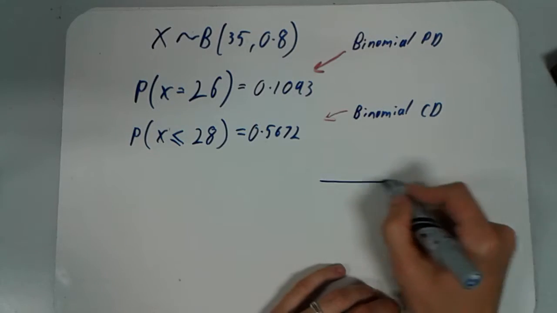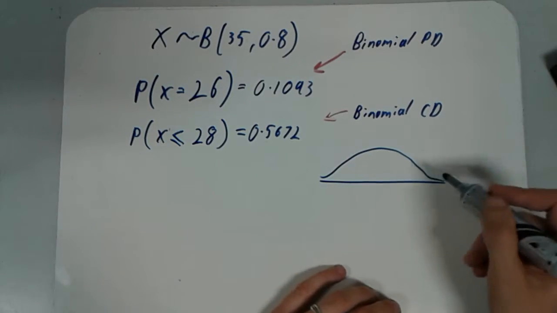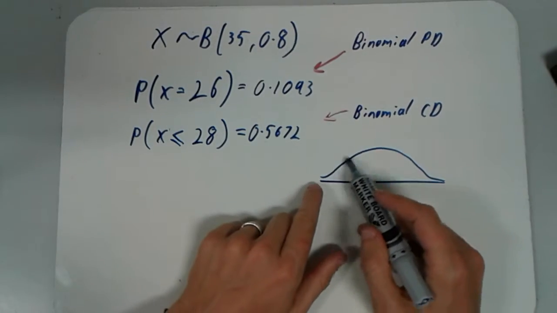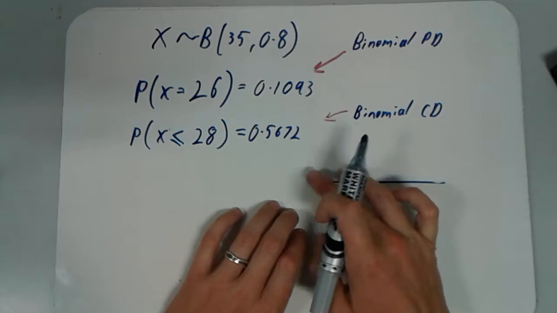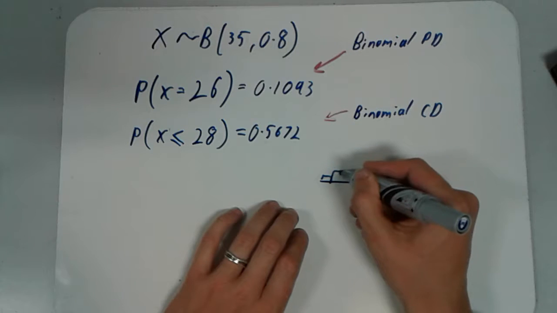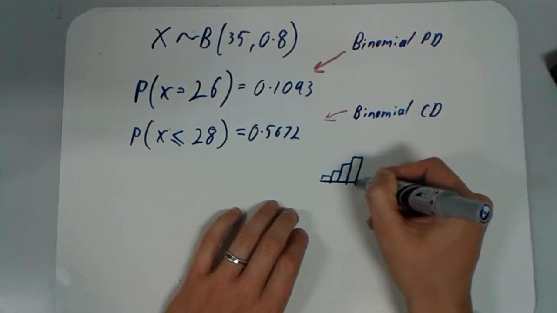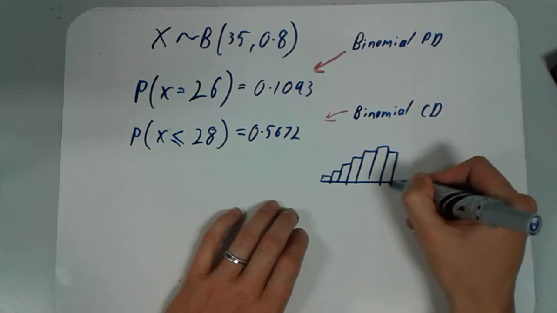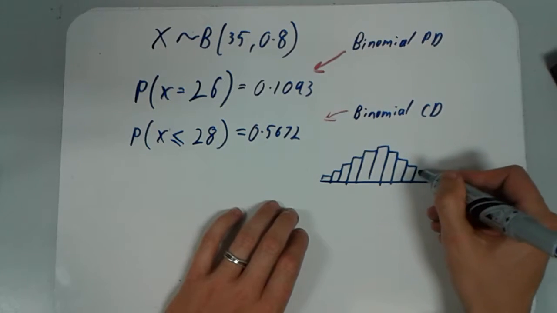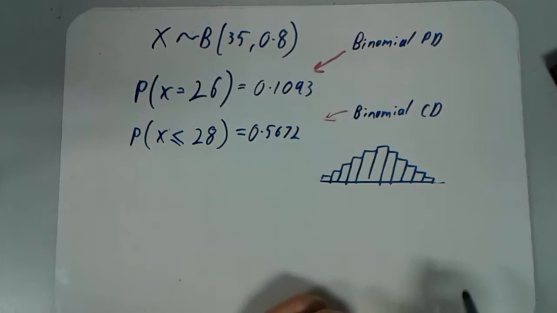It's always worth just having a little bit of understanding of what it should look like. So I've drawn a continuous version here. If you use the GeoGebra file, you'll see that it should be nice, even blocks, like this. Sometimes though, just for speed, it's quicker to draw something continuous, just to help us visualize what's going on.